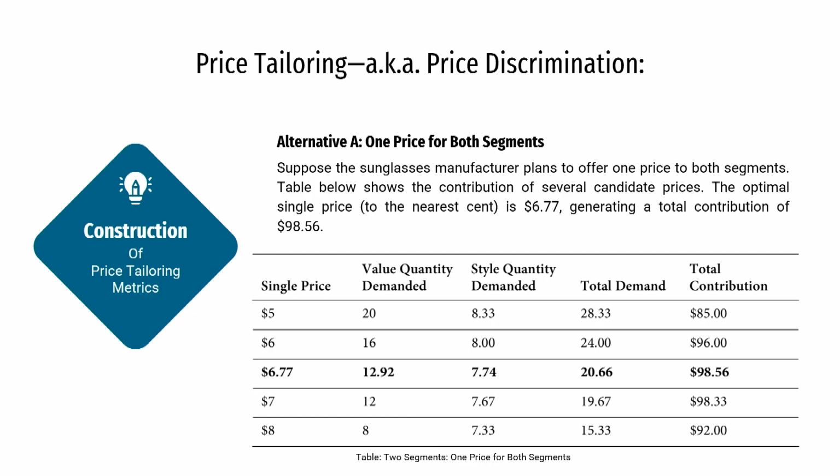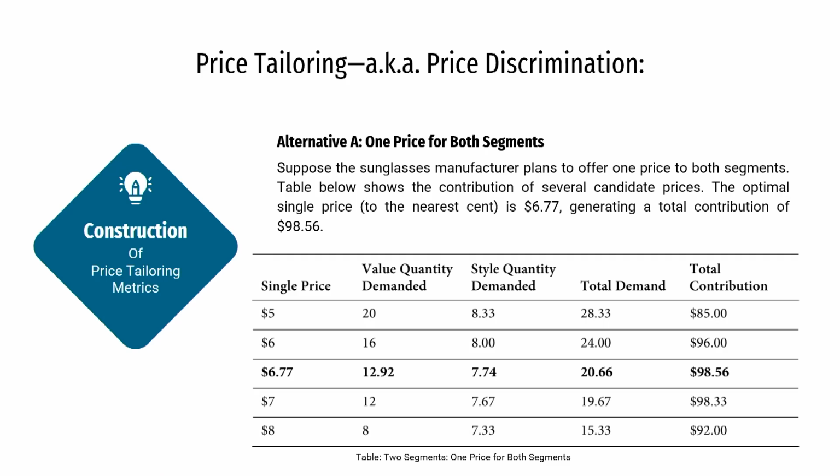So, how it is tabulated is, when the price is $5, for the value segment the quantity demanded is 20, and for the style segment the quantity demanded is, let us say, 8.33. So, total demand will be 20 plus 8.33, it is 28.33, right, and total contribution will be 85.00.